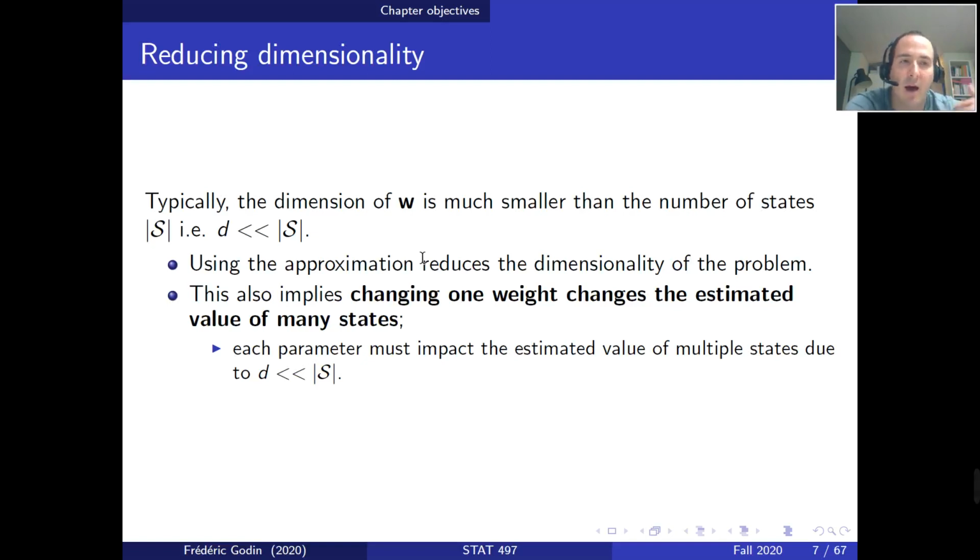But this also can have unfortunate effects, which is that sometimes you observe a state, but when you modify the parameter, you might adversely impact your estimate of other states that are less similar or less relevant, and this might be problematic. But this is how it works.